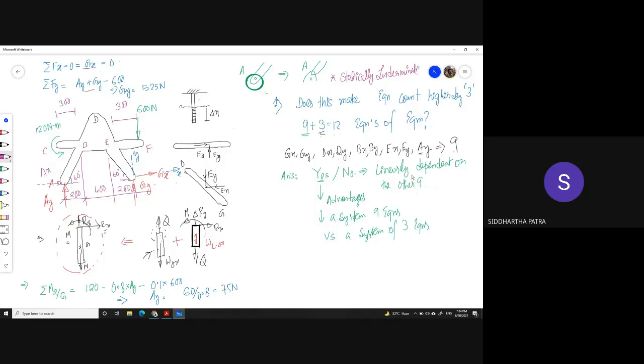But does that mean statically indeterminate problems cannot be solved? The answer is no. The statically indeterminate problems can be solved, but they can be solved only for deformable bodies, not for rigid bodies, number one. And they can be solved not just from the equations of equilibrium.